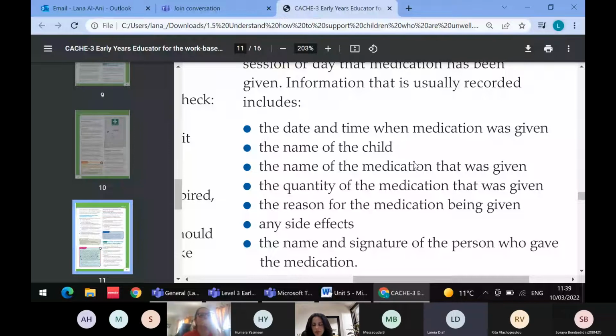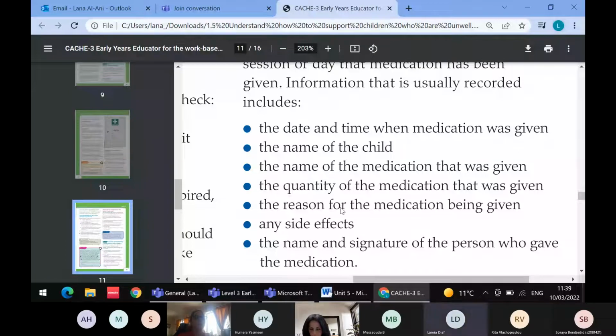So how many times should the child be given this medication? Any other things you need to check? Any effect? Yes, side effects. Side effects, the reaction of the child to the medication. Very good.